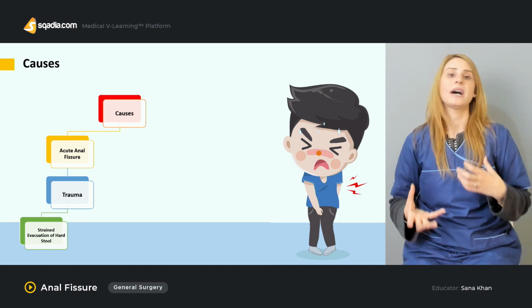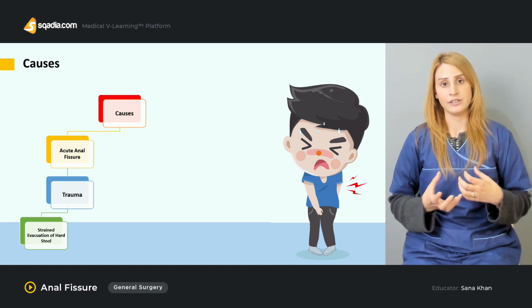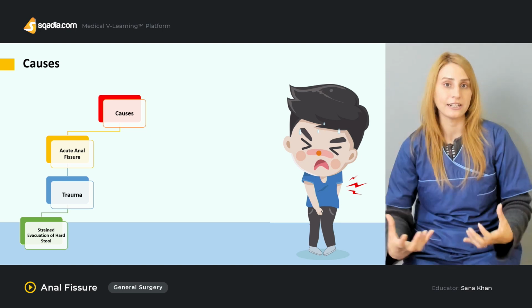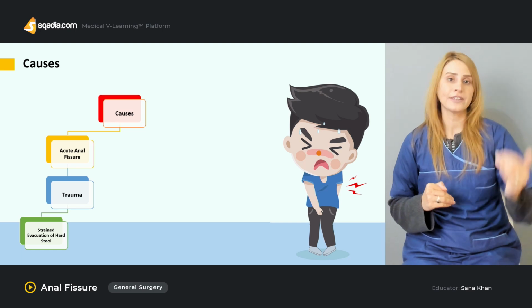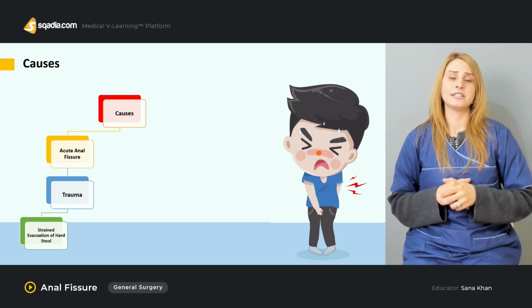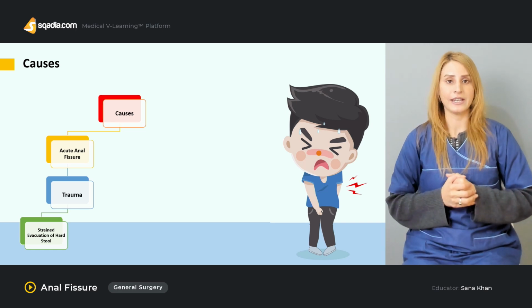They contract and increase more of the anal pressure, and that would lead to the tear in the anoderm.